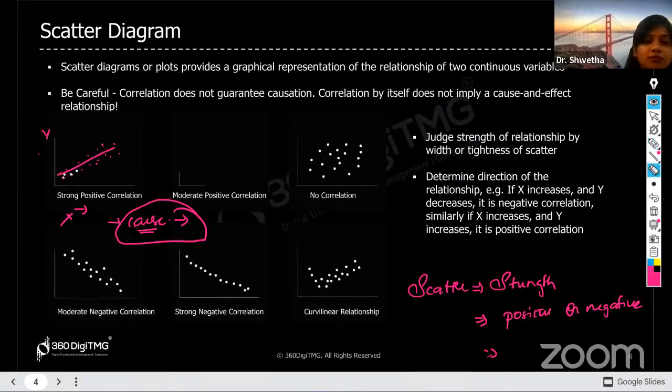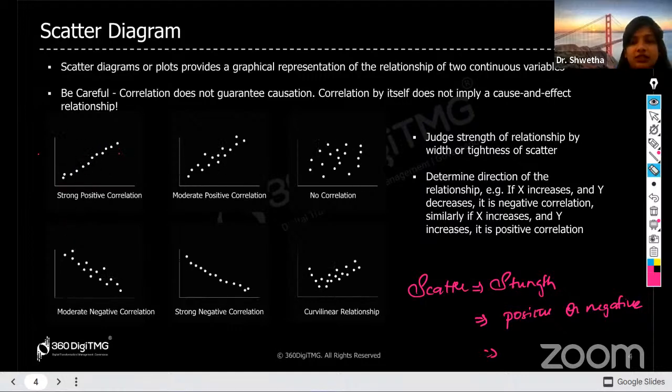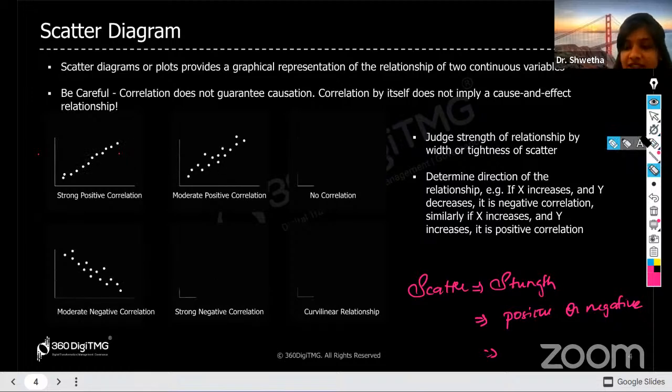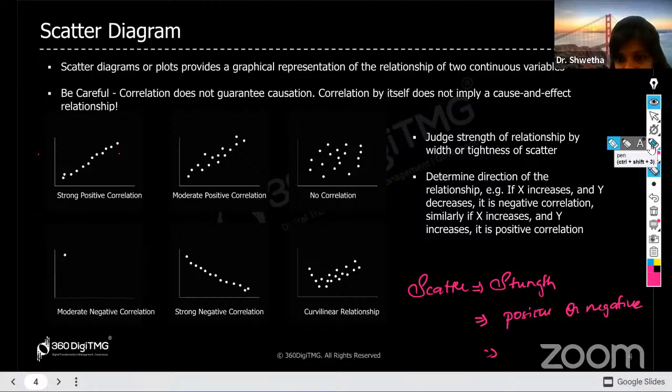But still, you can see the sharp increase. So the reason is not guaranteed. The first step would be to analyze it using a scatter diagram, but we are not coming to a conclusion that that is causing the increase.